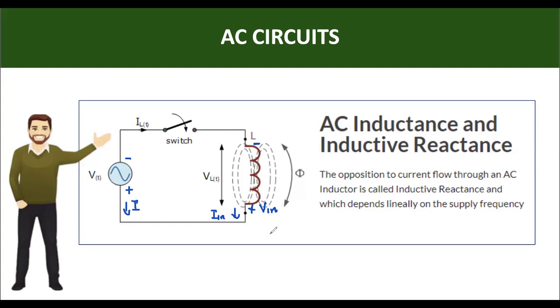So the inductor reacts. That's why we say that we have an inductive reactance. We do not have a resistance as in the resistors. We have a reactance, and it depends on the frequency. We are going to see what this means.